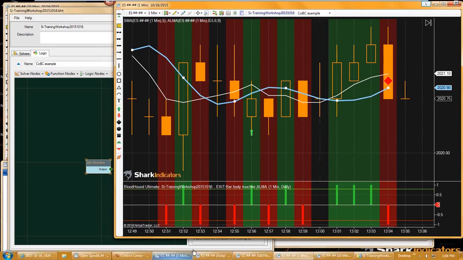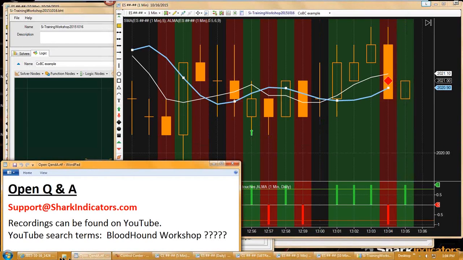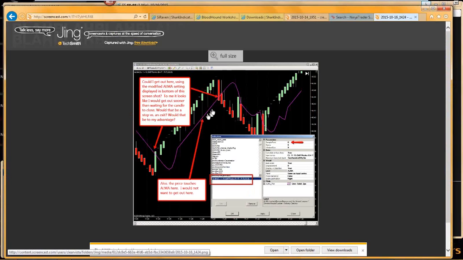Let me pull up that screenshot again. If you set Raven with that calculate on bar close to false, then we can get BloodHound to update in real time.